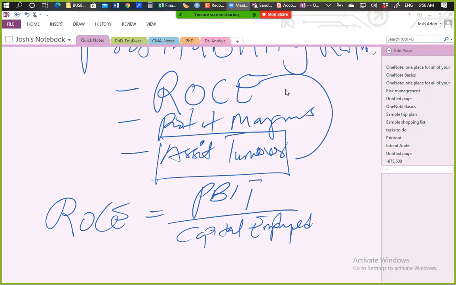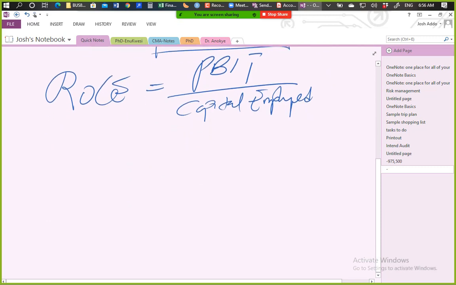The formula is not complete. To find the capital employed, it's all the non-current assets, and then minus the liabilities. Okay, that's not bad. So this is the formula for capital employed.